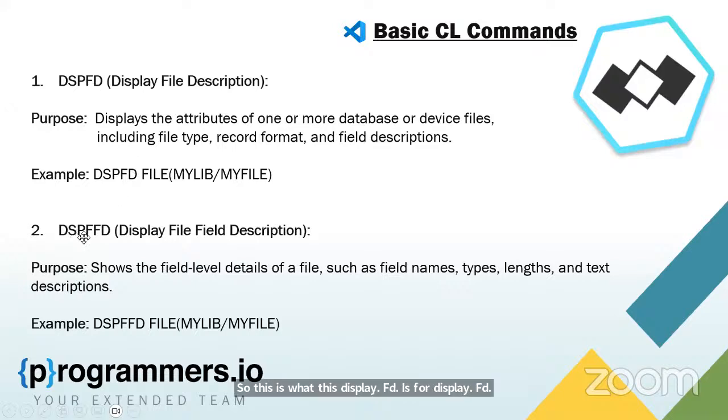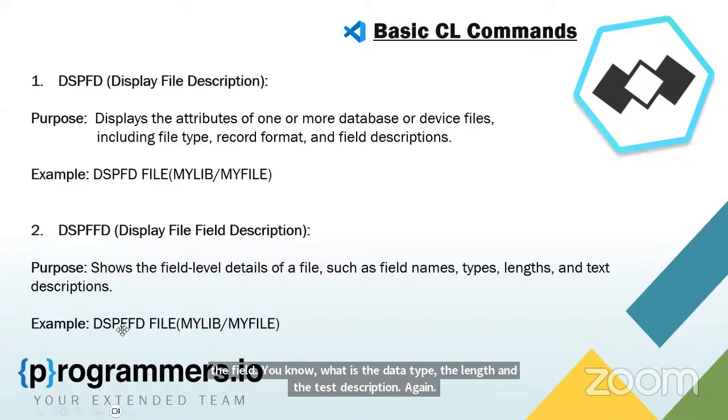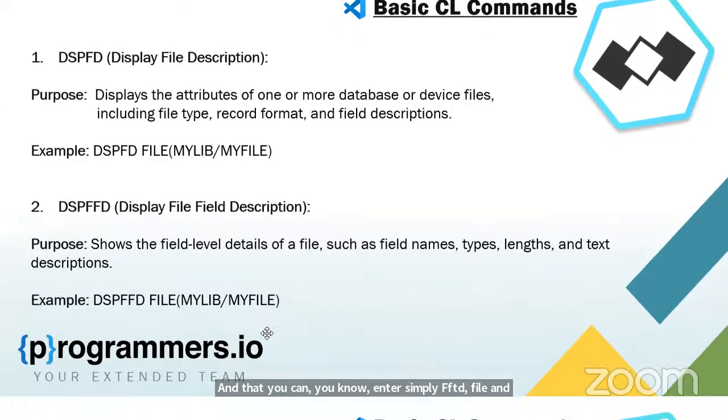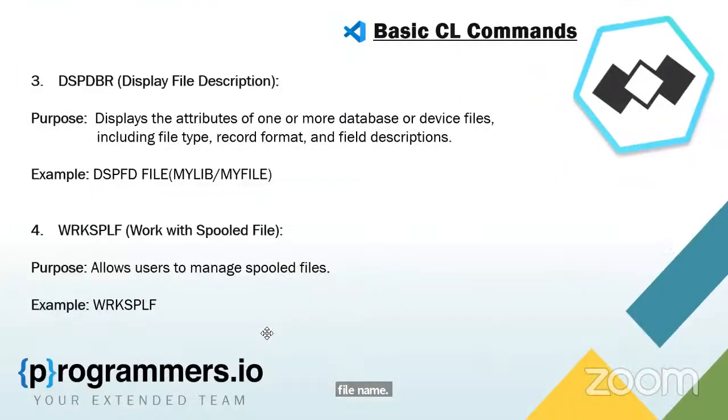Again, display FFD, display file field description, is useful for field level details. You'll get to see the field names, the type of the field, the data type, the length, and the text description. You can simply enter display FFD and your file name. So this you already know, just a quick overview of the commands.